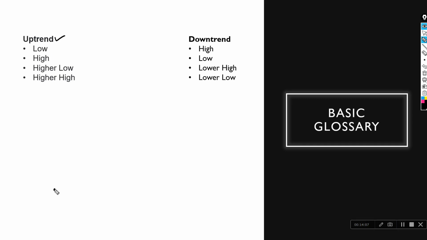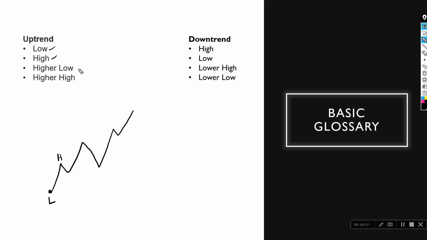Consider my market goes like this, and then it will go like this, something like this. Okay, so this point here is the low. This is the lowest point, that's why it's called low, obviously. Next we have high. So this point here is the high.